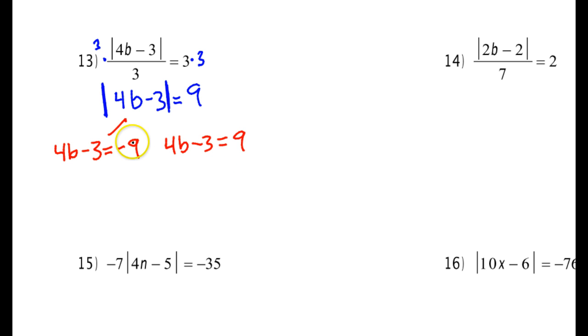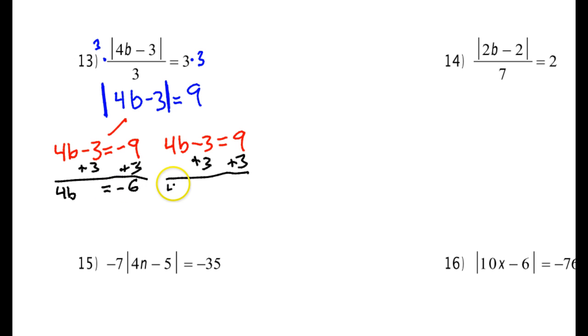Some prefer to do the negative on the left, the positive on the right. It doesn't really matter. Go ahead and solve. Nice thing about writing everything side by side is that the algebra will all line up. We have 4 times what is -6, and 4 times what is 12.